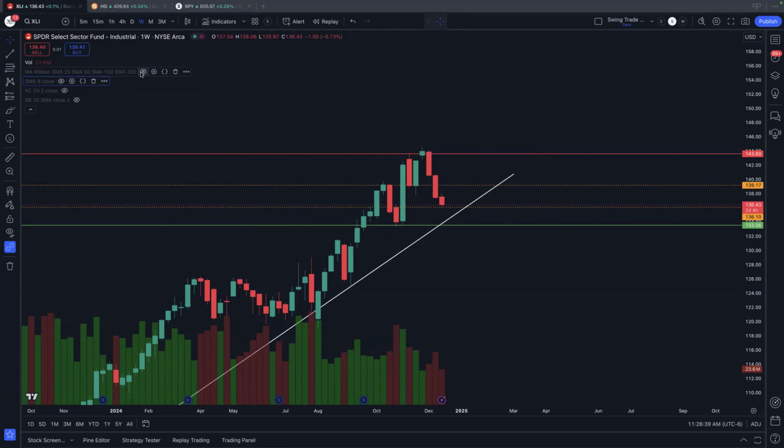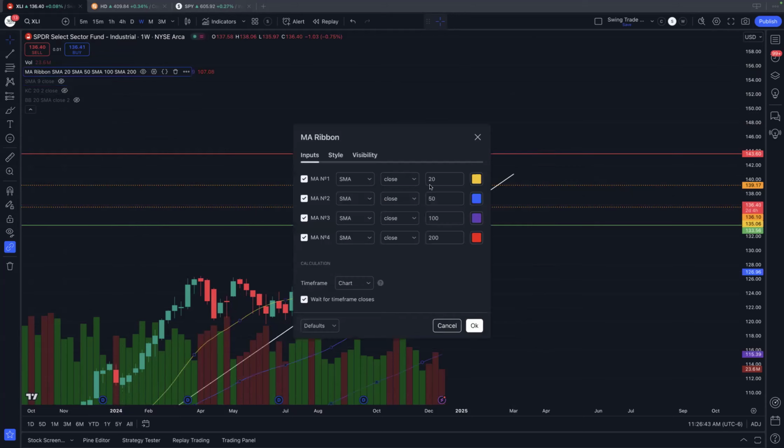This one will pull up 4 different moving averages for you. I color code mine because I need to know what I'm looking at. I don't like to leave them the same colors. By default, it will have the 20, 50, 100, and 200 put up. But when you click on the settings box, you're able to change it to what you want it to be, right?